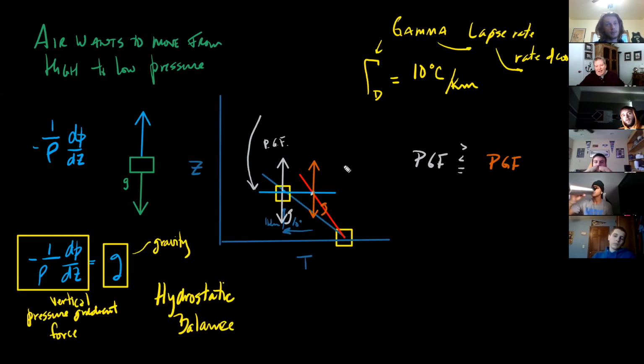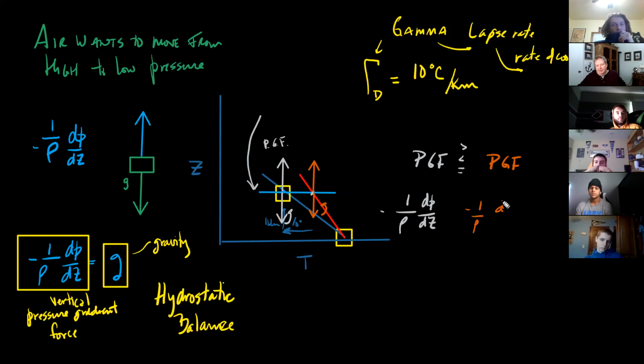Okay, watch this. What is the pressure gradient force in grade? It's 1 over rho, negative, dP dz. Don't worry about the negative. The negative means nothing. I'm just being consistent. And what's the other one? 1 over rho, negative, dP dz.